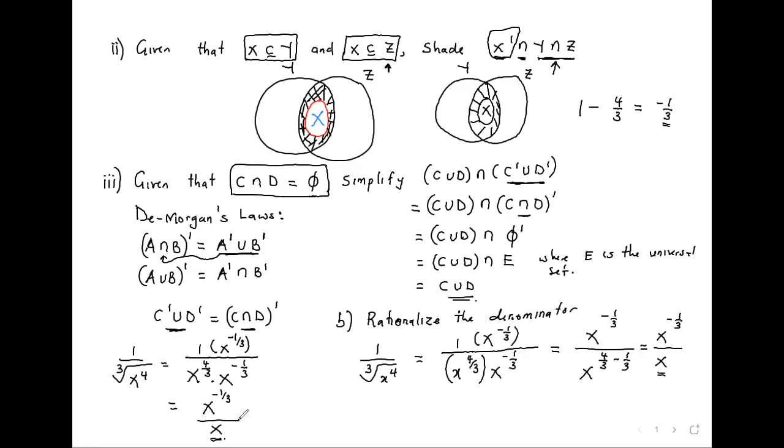Sir, hello. If we had a 2 on the numerator, like in the question, would we have subtracted 2 from 1/3? This subtraction has nothing to do with the numerator.